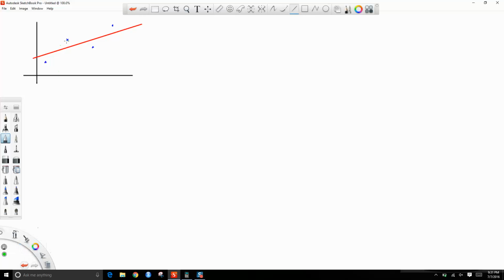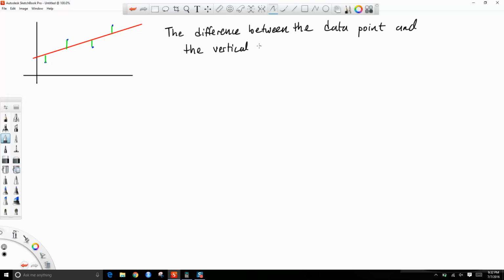The vertical distance between an actual data point and the trend line, which is basically its predicted value, is known as the residual.